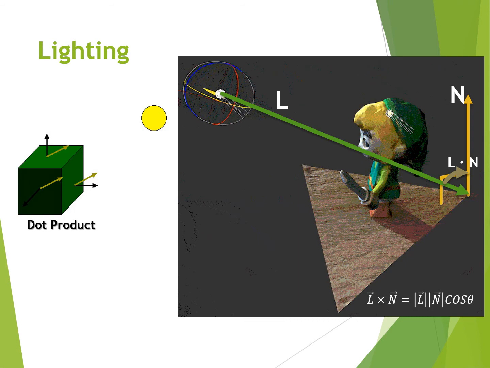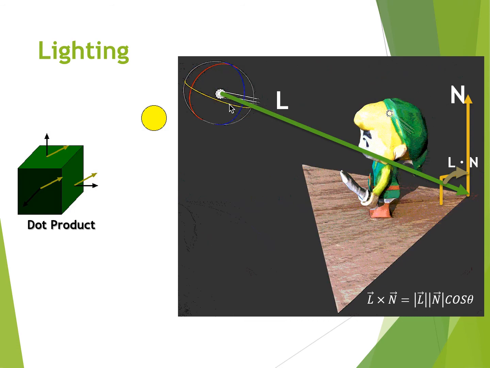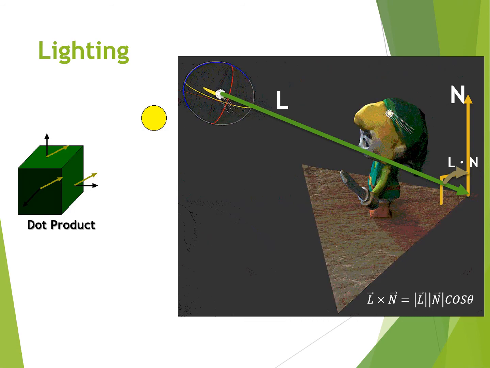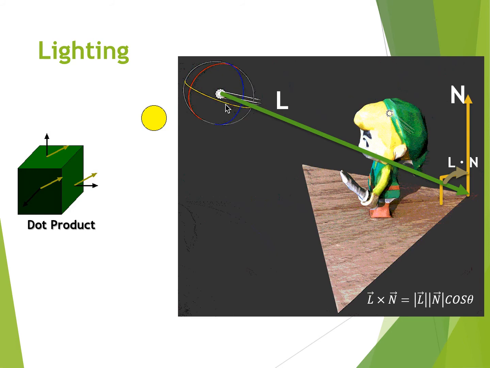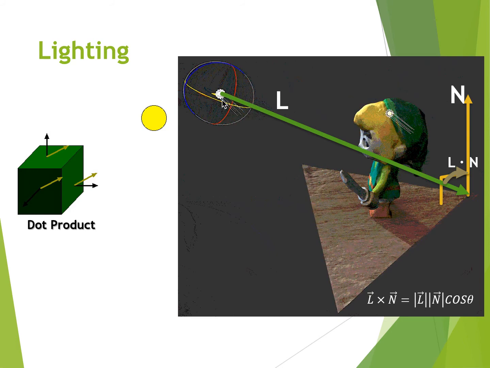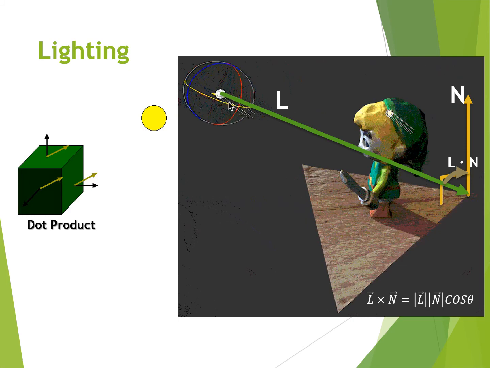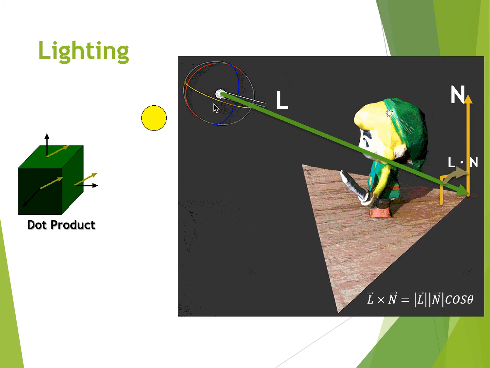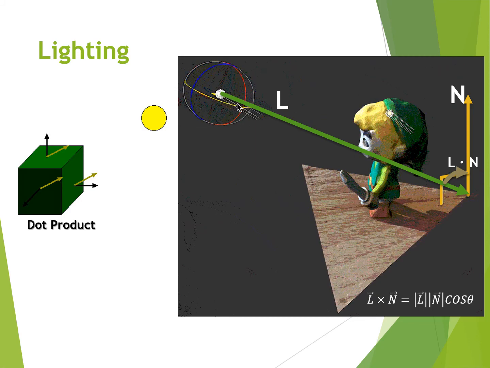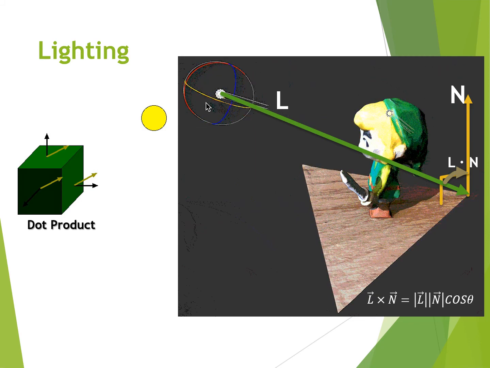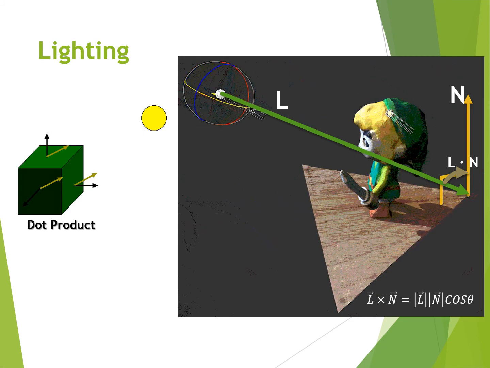By using this kind of calculation, we calculate the angle face by face. For each face we have an angle. So even for a whole polygon with the same color, because the faces have different angles according to the light source, they interact differently, and it looks like a 3D model.